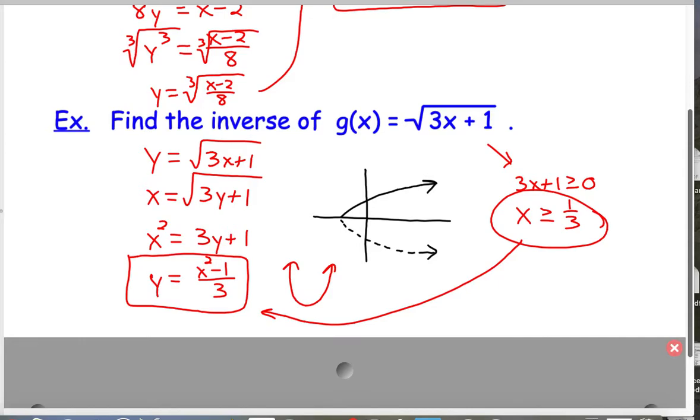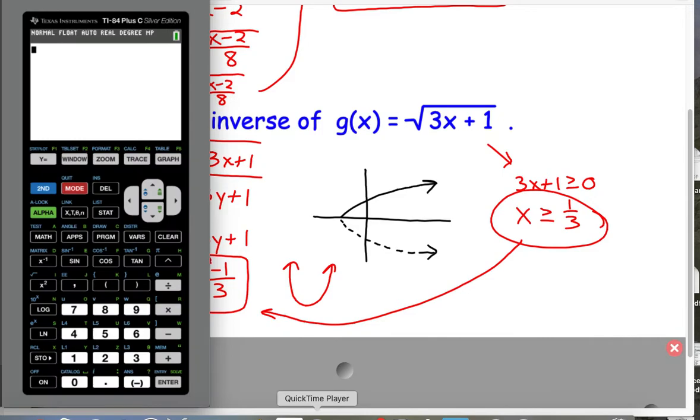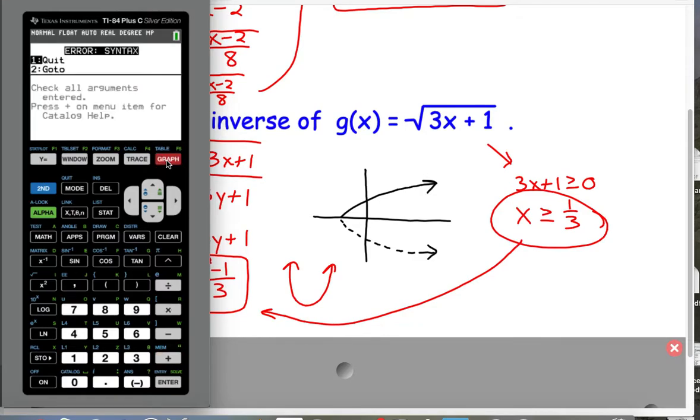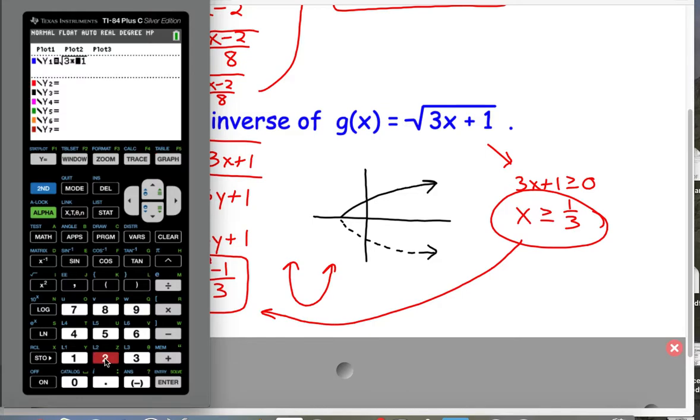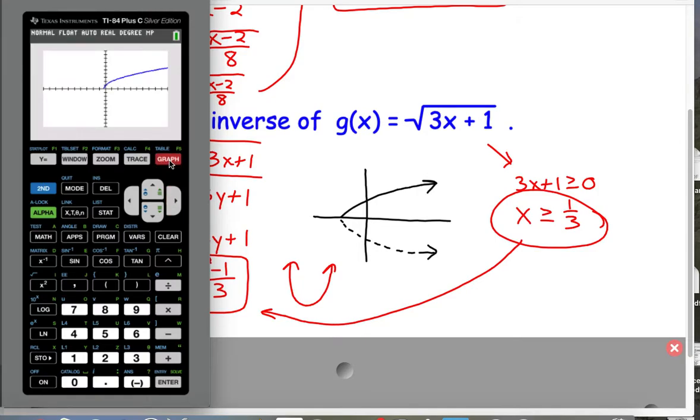Well, let's look at the graph of this. y is equal to the square root of 3x plus 1. Let's try that again. Okay. Oh, I should have shifted over a third, not one full unit. Anyhow, so there's our picture.